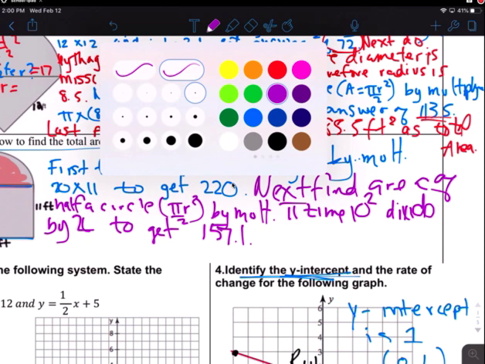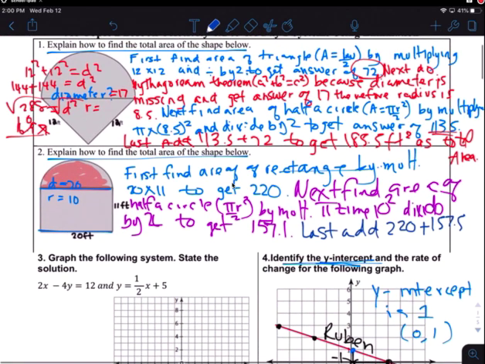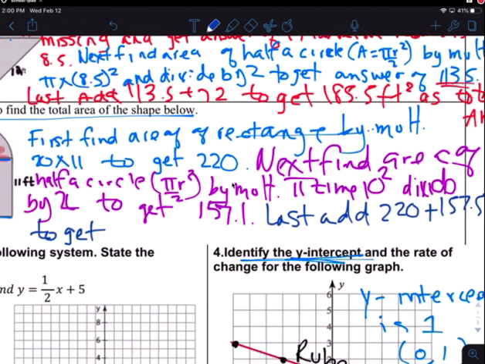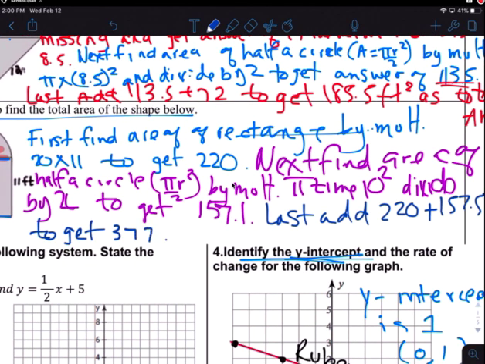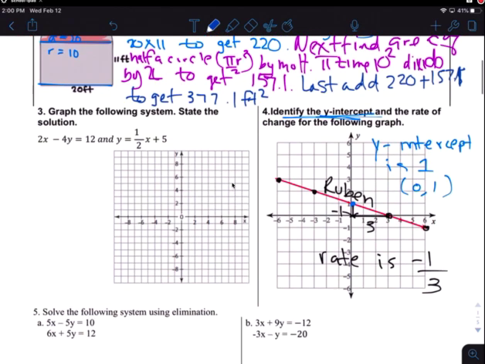It's 0.01, so round it to 157.1. Last, add 220 plus 157.1 to get, let's see, 377.1 feet squared.